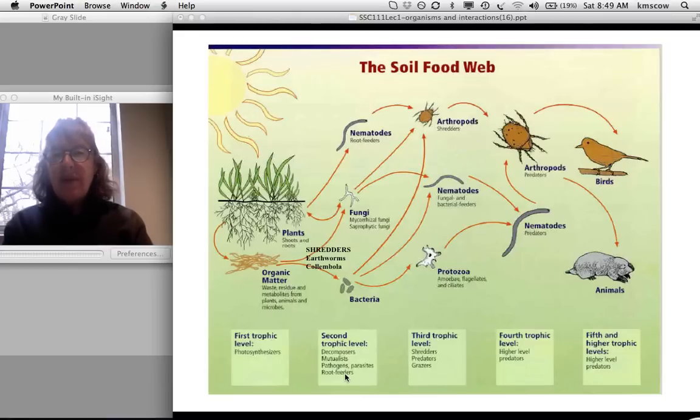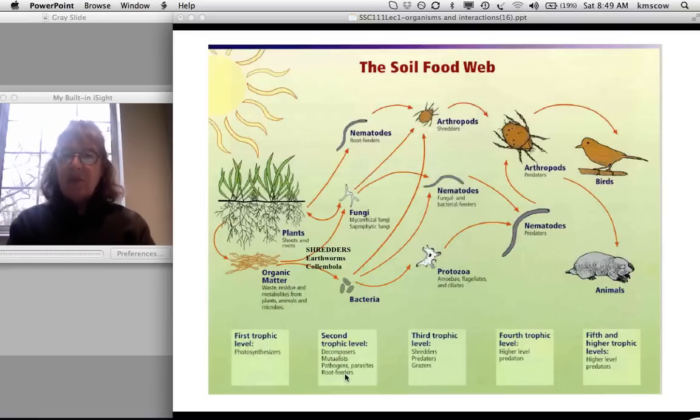It's interesting, the plants we often think about as being above ground. Of course, they've got to be above ground to have access to the sunlight and be able to capture the energy there through photosynthesis. But they have an equal part of them below ground and where all the other major members of the soil food web exist.